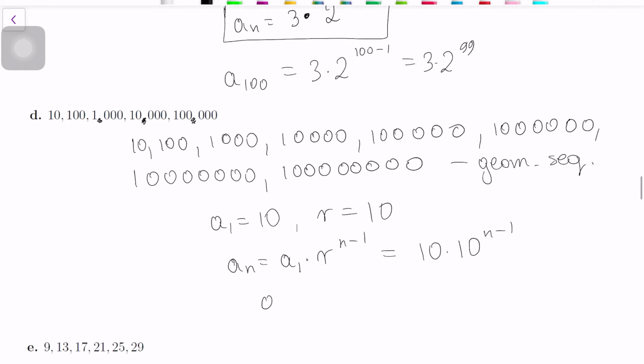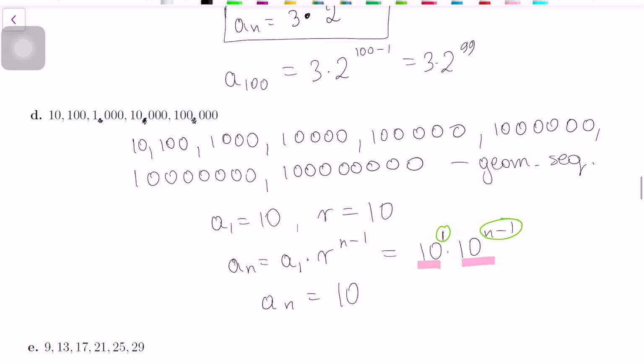And here, well, we can't quite simplify, but it's very tempting. Leaving it as such is fine. But since the base is the same, because A1 and the ratio were the same, then you can add the powers, right? So that would be 10 to the power n, 1 plus n minus 1, right?